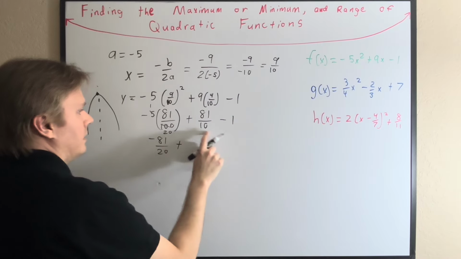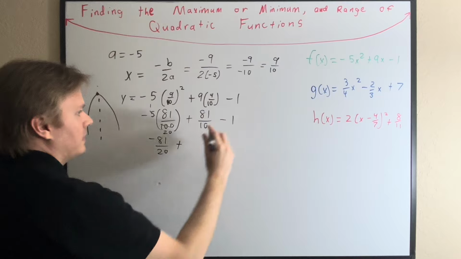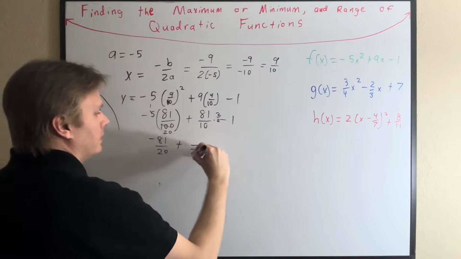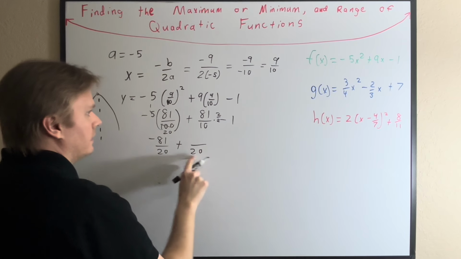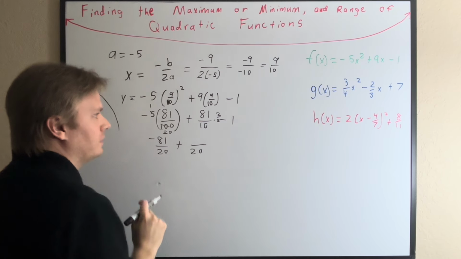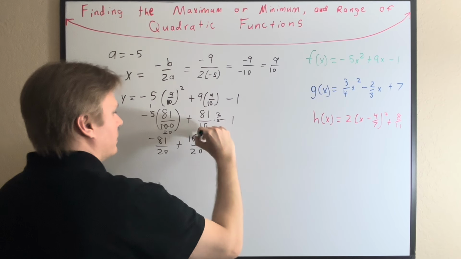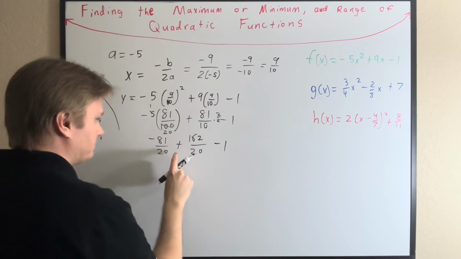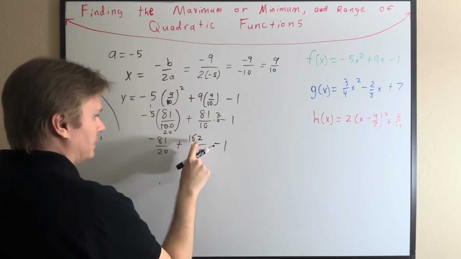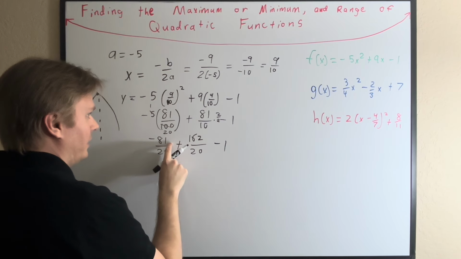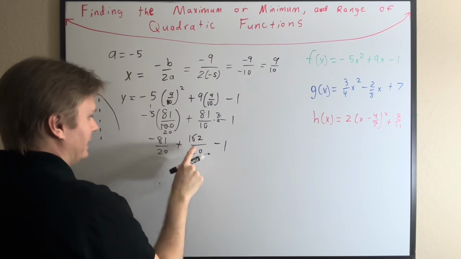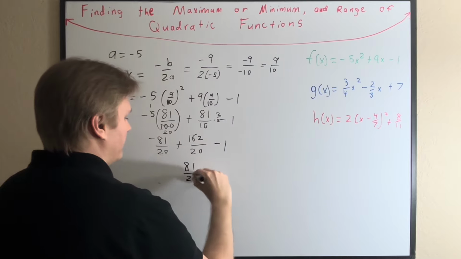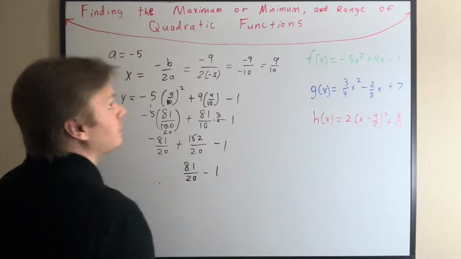plus, okay, we want these denominators to be the same. So we multiply it by 2 over 2. So 10 times 2 is 20. What's 81 times 2? 162. You can check my math on that. Now, 162 minus 81 is going to be 81 over 20, minus 1.